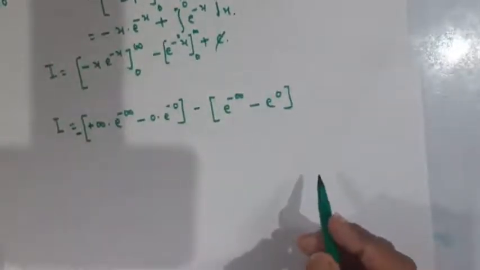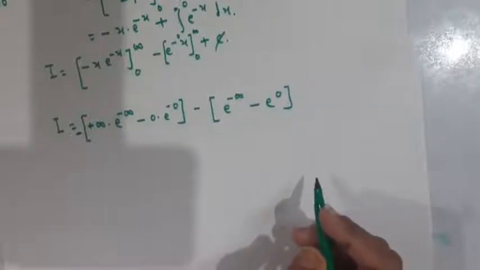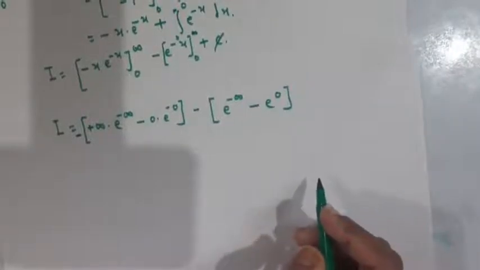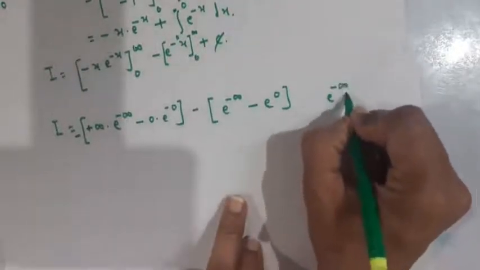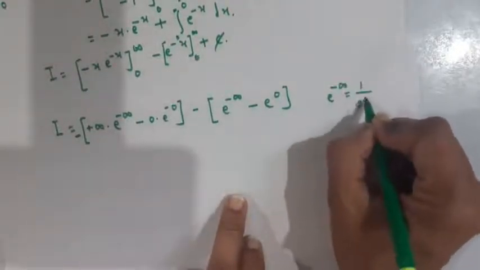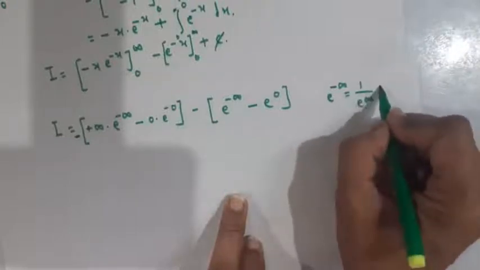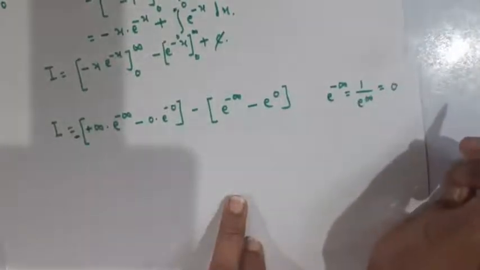So students, you know that e raised to minus infinity means 1 upon e raised to infinity, and 1 upon e raised to infinity is 0.